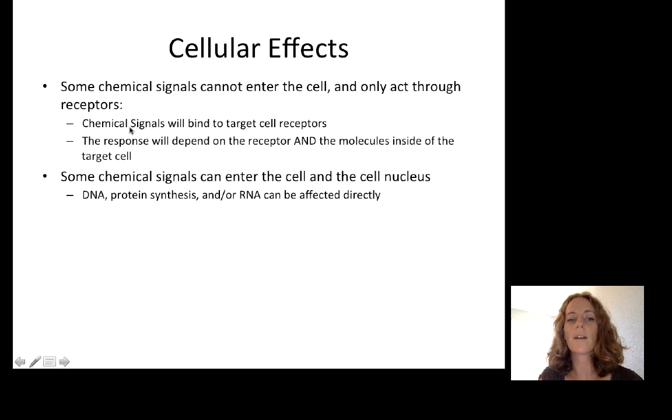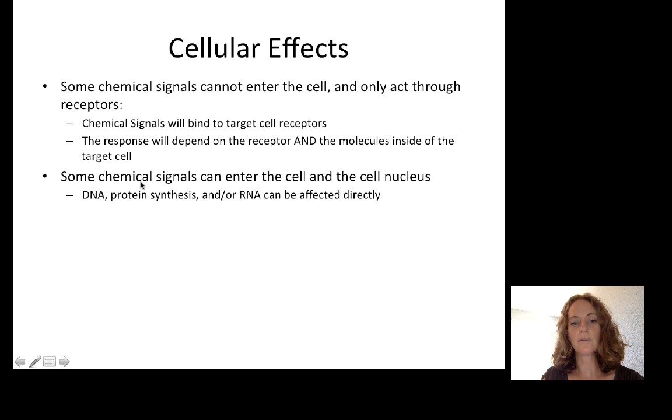So this is how we can get one particular chemical signal getting very different effects inside different target cells. And you guys will see when we get to the endocrine system and we talk specifically about hormones, for example, how many different effects one single hormone can have on different types of cells. If they're acting through ligand receptor, then most of the time they're acting through extracellular receptors.